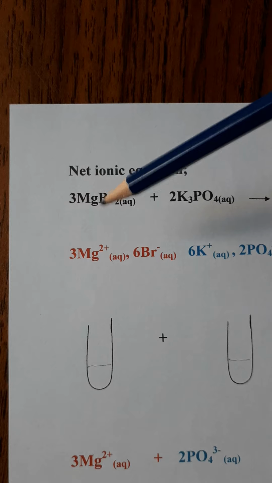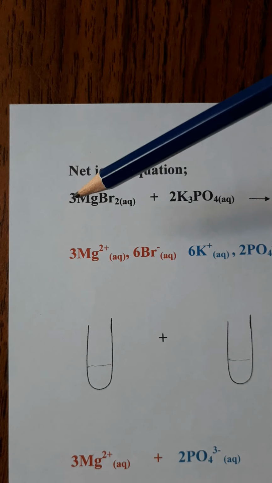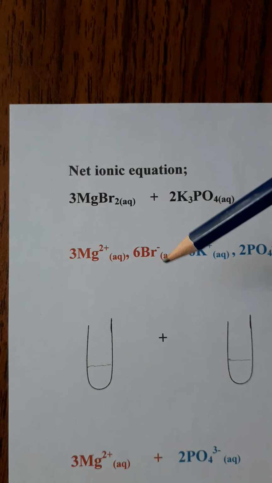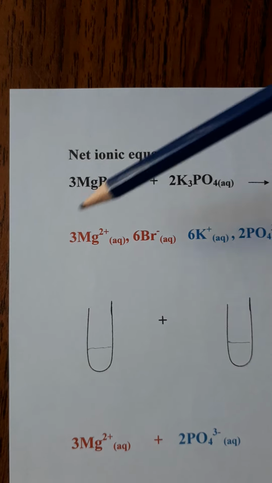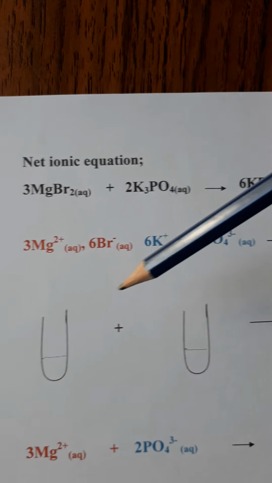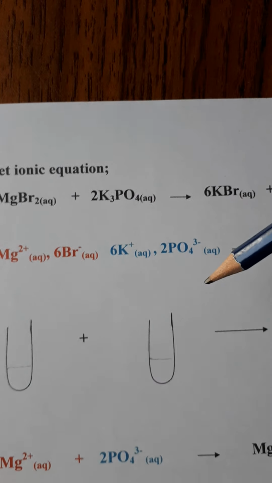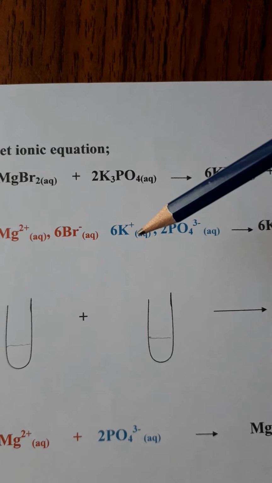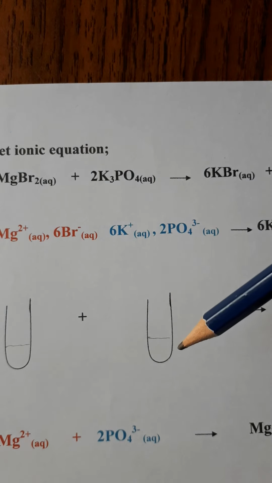So 3 magnesium ions, aqueous, 6 bromide ions. I drew that in red color for this compound here. 6 potassium ions, 2 phosphate ions. I drew that in blue color. So they are here. Now we are going to mix them together.